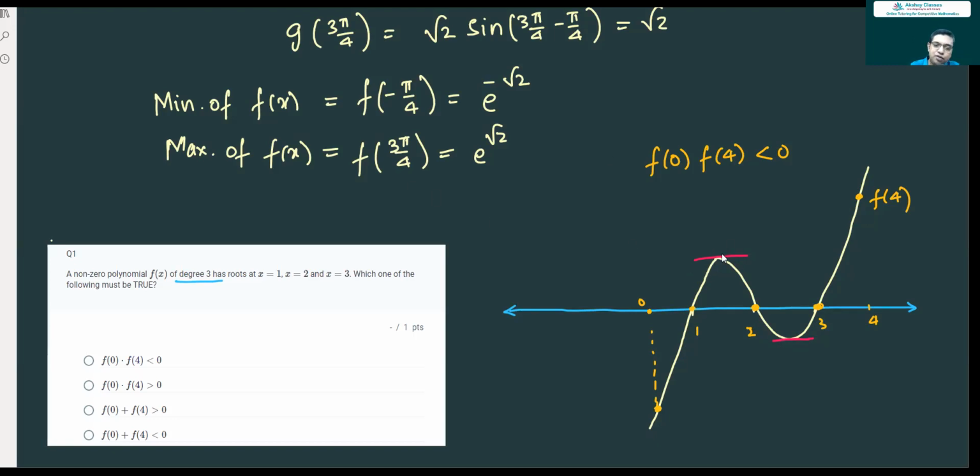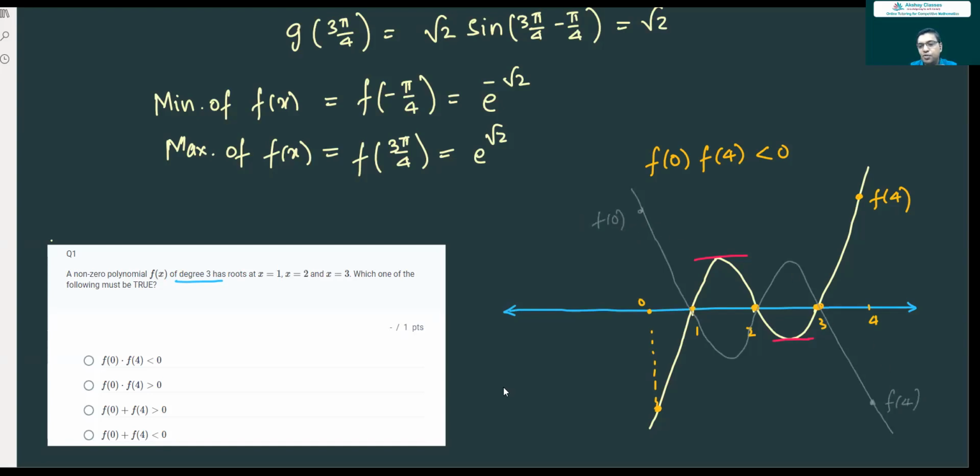Now, if the coefficient of x cube is negative, then the function curve will be like this. In that case, f of 4 will be negative, and f of 0 will be positive.